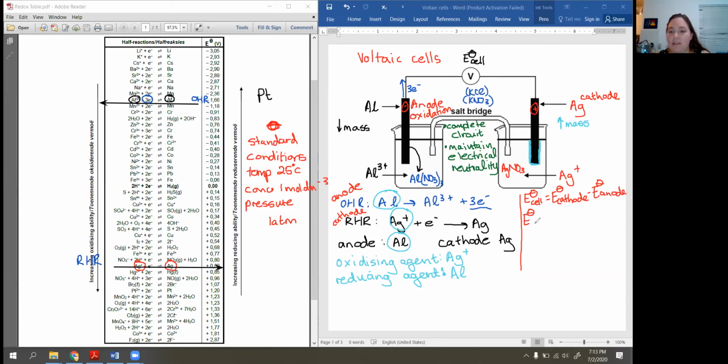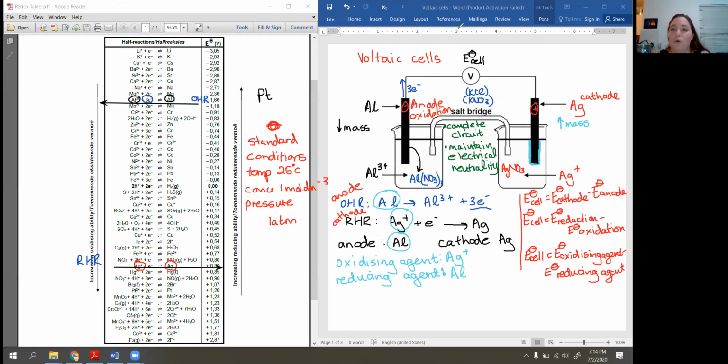E theta cell equals E theta reduction minus E theta oxidation. Just bear with me writing across lines. And lastly, E theta cell is equal to E theta oxidizing agent minus E theta reducing agent.